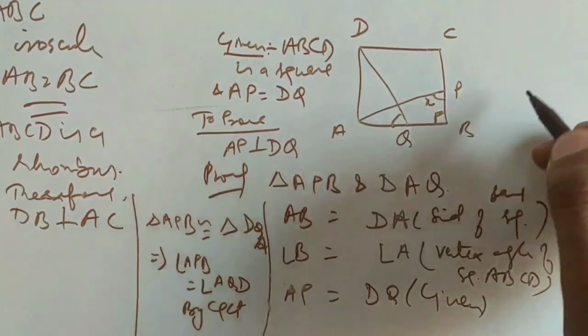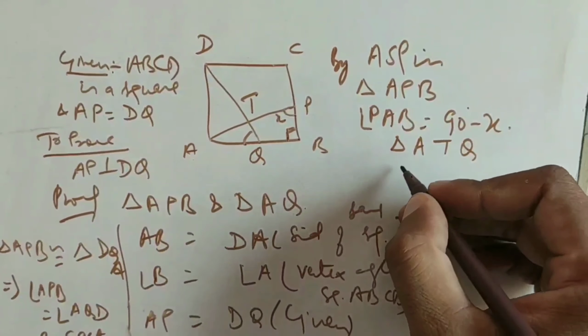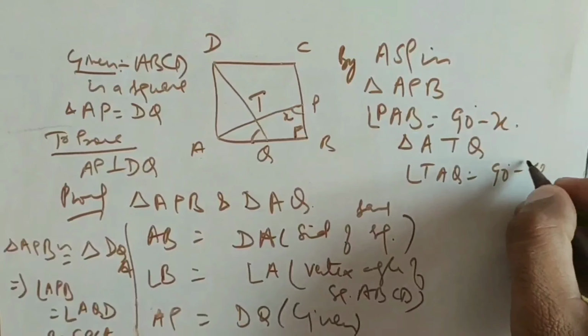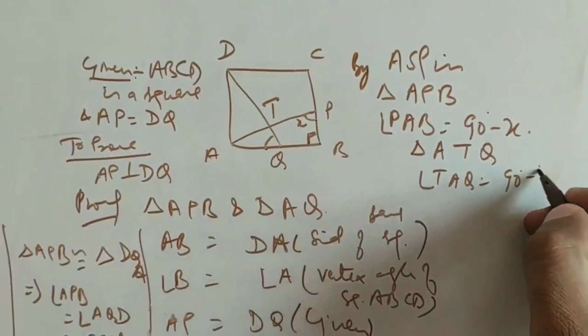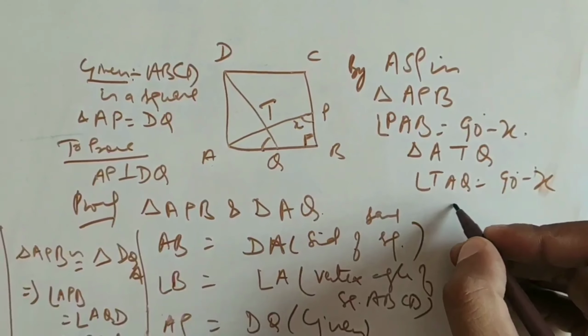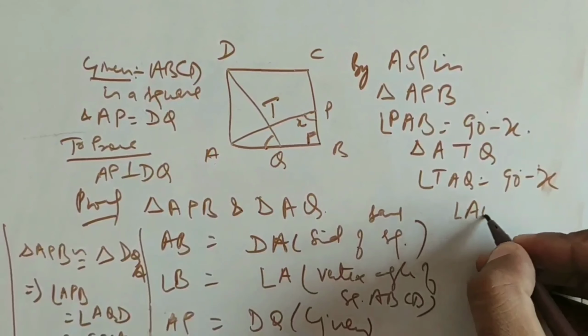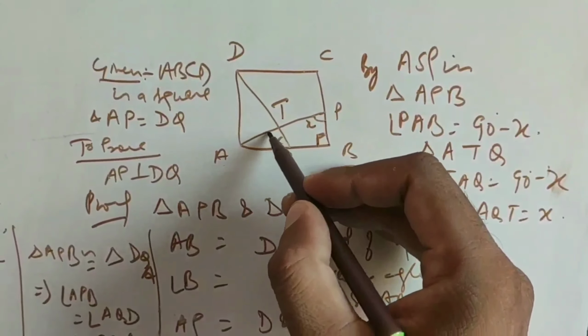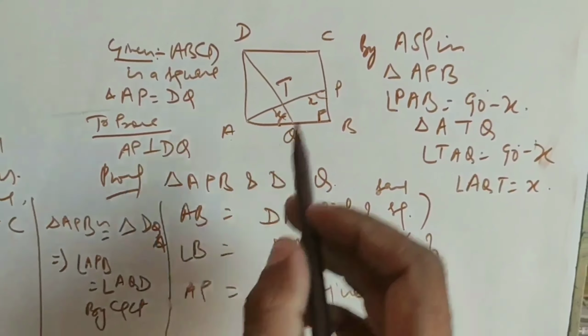Now suppose this point is T. In triangle ATQ, we know that angle TAQ is equal to 90 degrees minus x, and angle AQT we have x, because by CPCT we have proved that these two are the same.